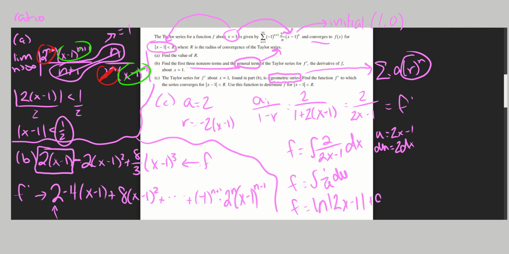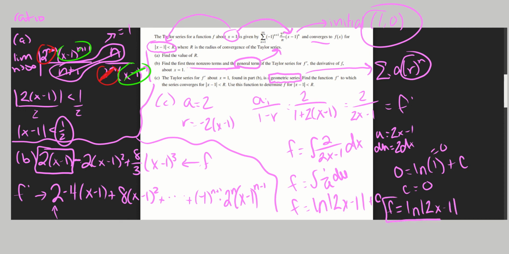We know that this is our initial condition. So y is 0 when x is 1. And ln of 1 is 0, so that means c is equal to 0. So our function f should converge to ln of the absolute value of 2x minus 1. So that should be what our answer is for that.